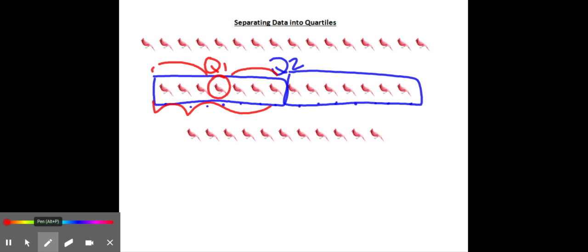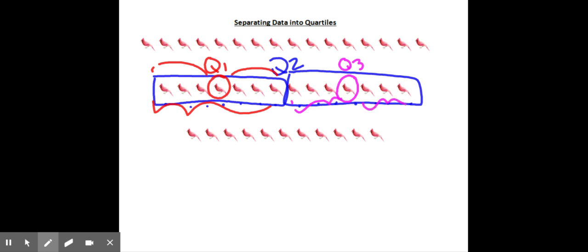Now we're going to find our upper quartile, or quartile 3. Since there are 7 birds here, the middle bird is going to be quartile 3, because he separates 3 lower birds and 3 upper birds. So that's how you're going to find your quartiles.